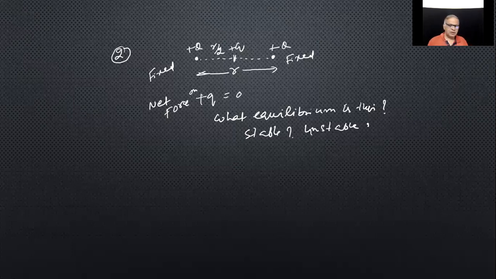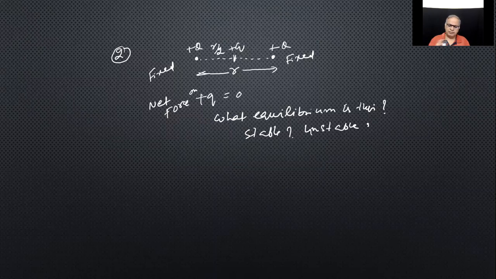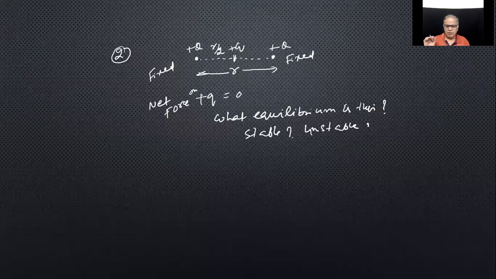A very simple method of checking stable or unstable qualitatively is this. Say, for example, I've got this box. If I put it like this, a slight displacement will make it fall. If it was like that, with a slight displacement, it can go back. Do you follow?